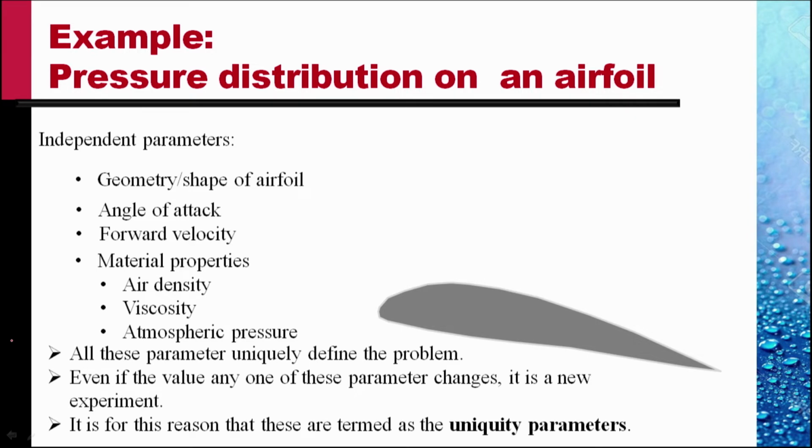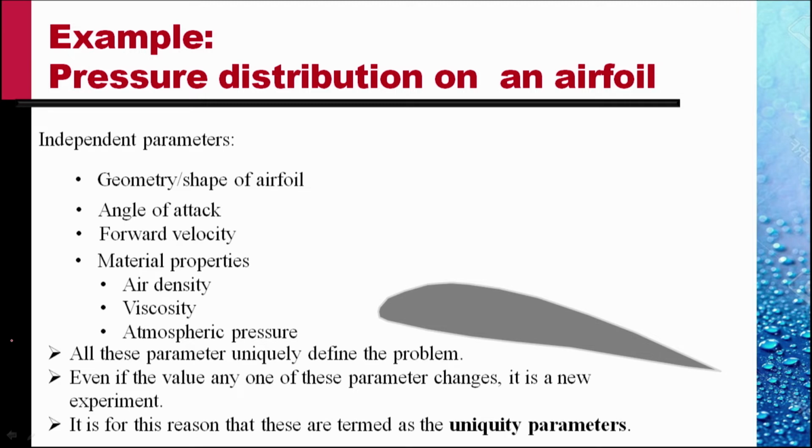All these parameters uniquely define the problems. If we have defined each one of these parameters, we have uniquely defined the problem. The problem definition is complete. The situation of the problem has been completely identified. If we change any one of these parameters, the experiment is changed, whether it's a numerical experiment, an analytical experiment, or a physical experiment.